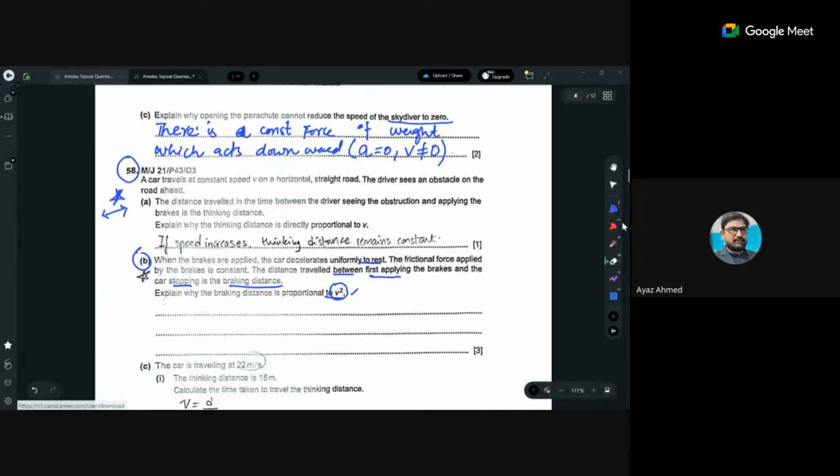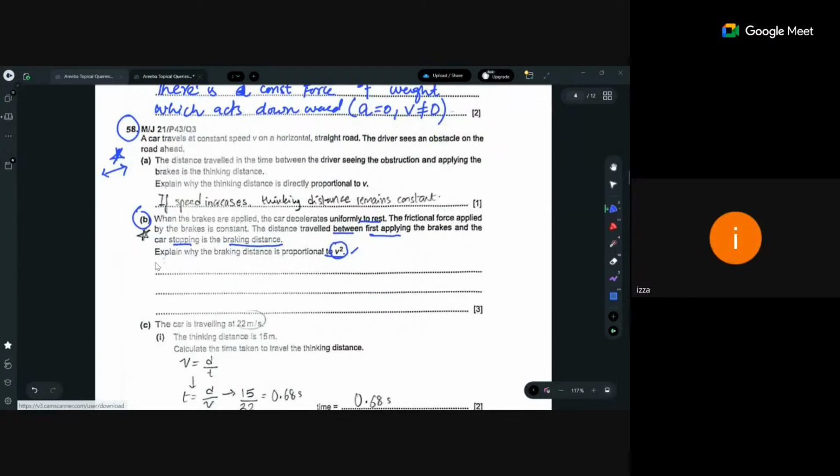what is the function of brakes? Yes, Isa, what is the function of brakes? To stop a moving object like a car or something. Okay, so what type of energy is converted to which other form?